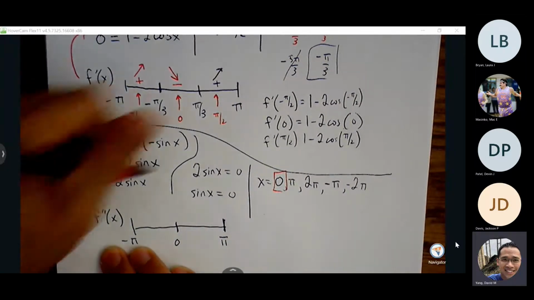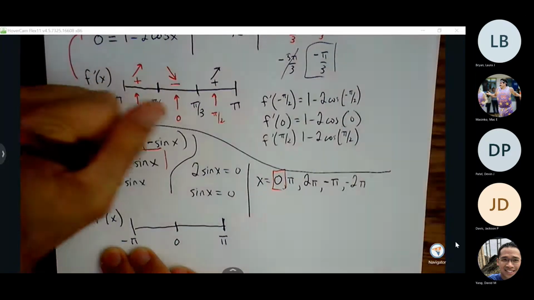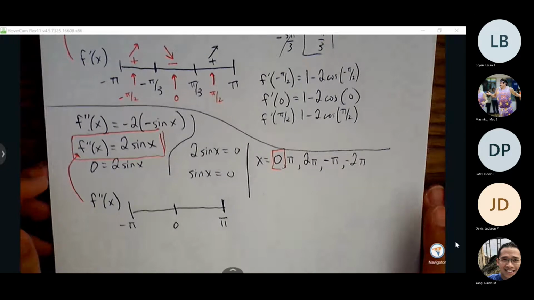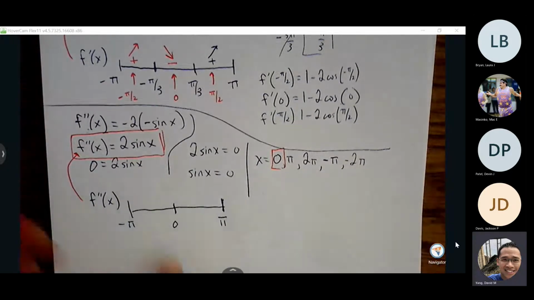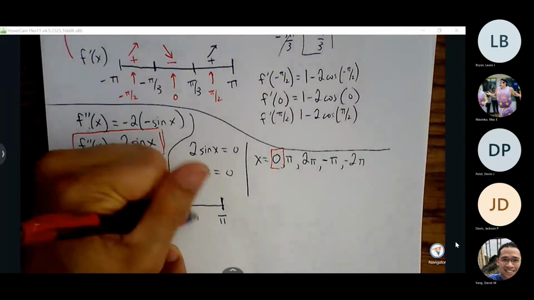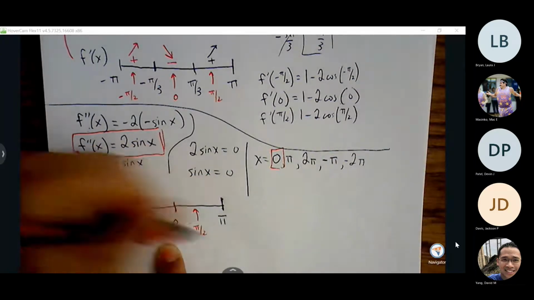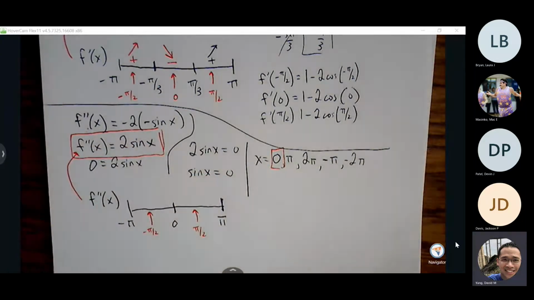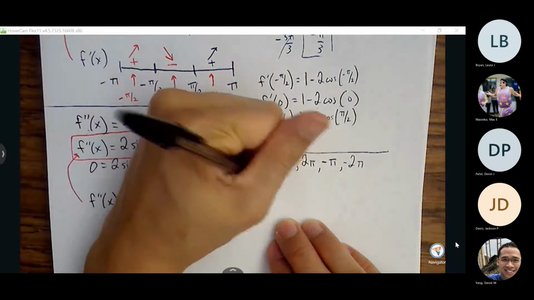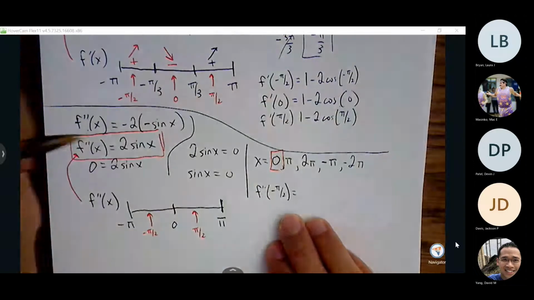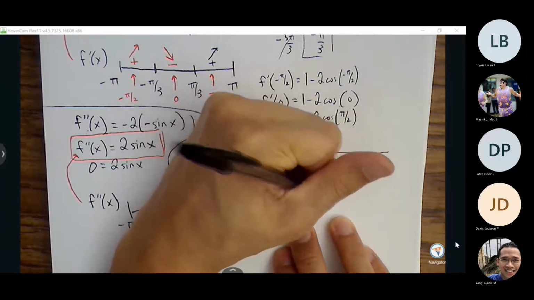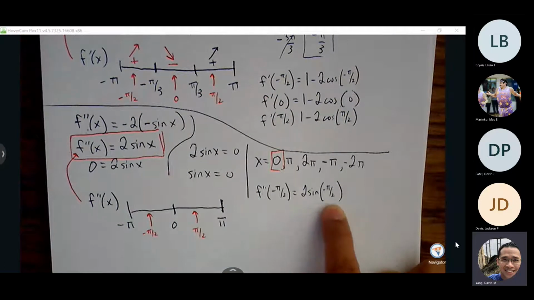Back to the second derivative. Okay, negative pi over 2. Same thing as sine of 3 pi over 2.